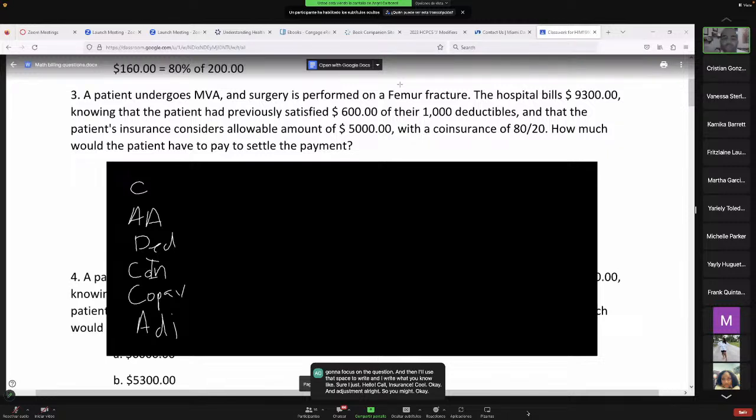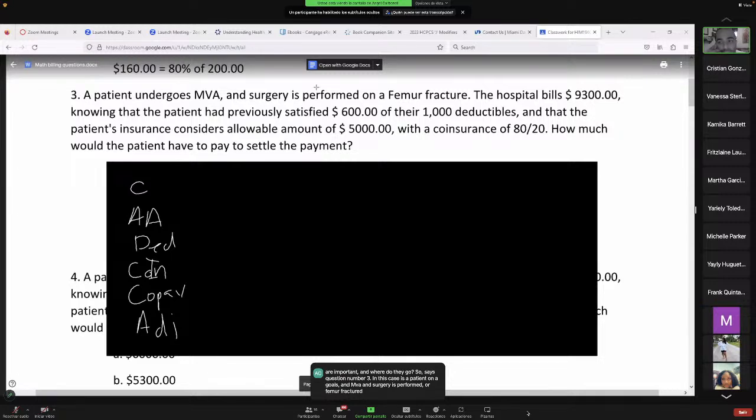Okay, so now this is what I want you to do. Let's read the question. I already read this question last time. I don't know if everyone was here, but at least we're going to read it, and we're going to take the things that are important. What things are important and where do they go? Question number 3 says: a patient undergoes an MVA and surgery is performed on a femoral fracture.